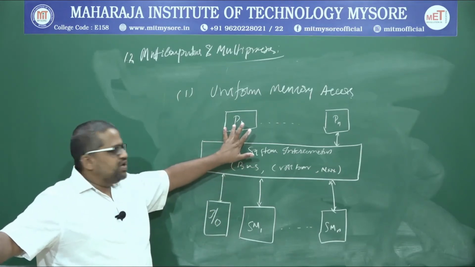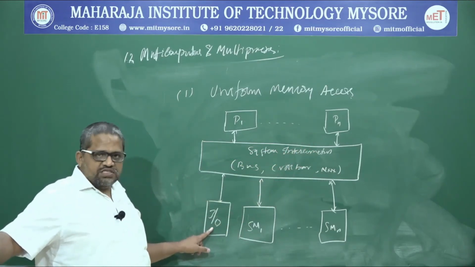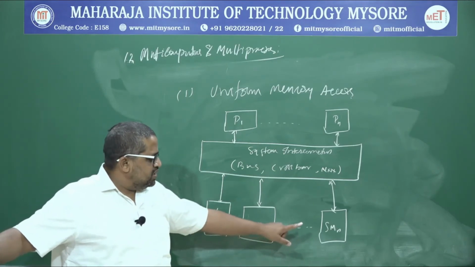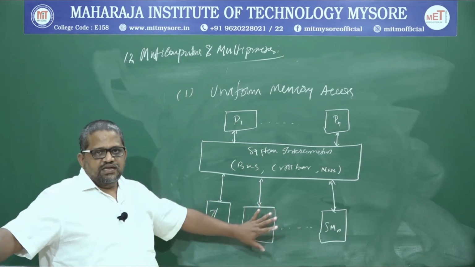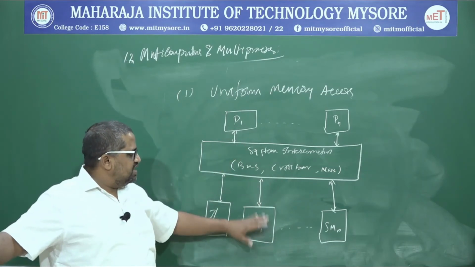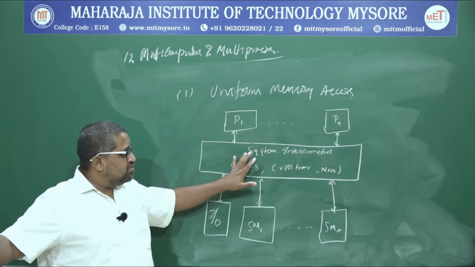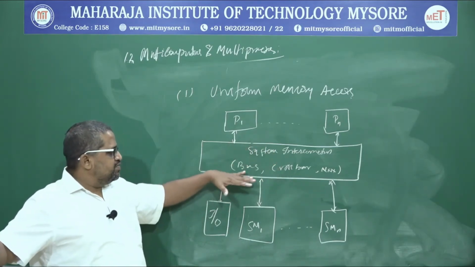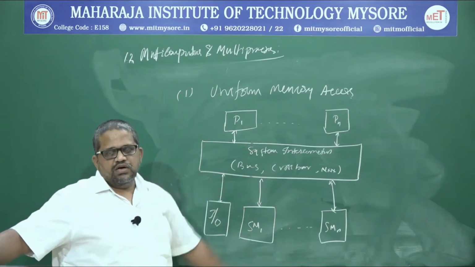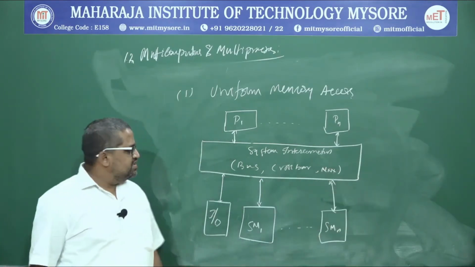You have got n processors P1, P2, P3 till Pn, and then you have got an IO interface, and then you have got shared memory from SM1 to SMN. All these are interconnected. This acts as one single memory module, and every processor interacts using this interconnection mechanism. I am talking about the system interconnection mechanism. The structure for interconnection could usually be a bus, a crossbar or an n cross n interconnection mechanism, but connection mechanisms we are going to study in detail in the 3rd unit.